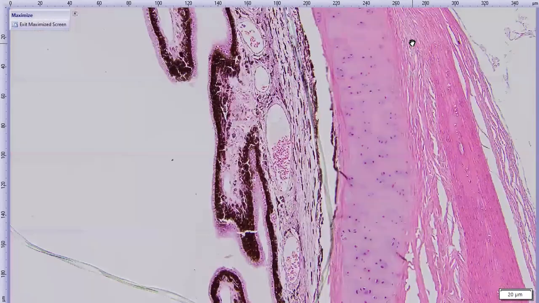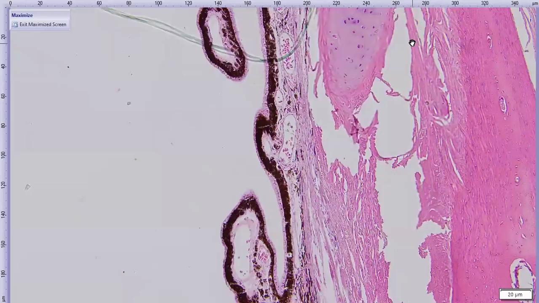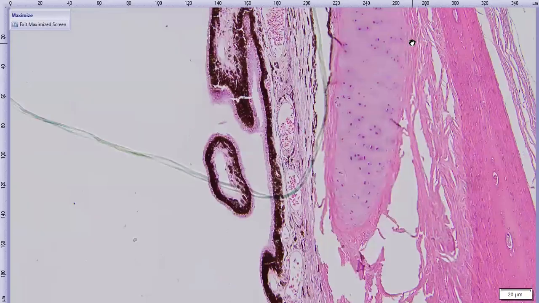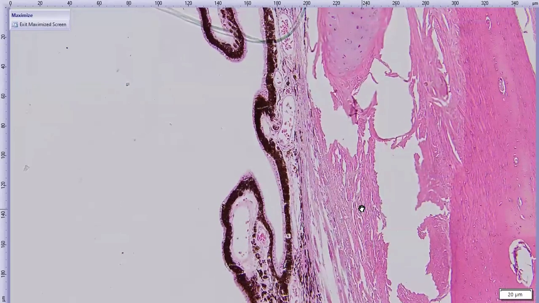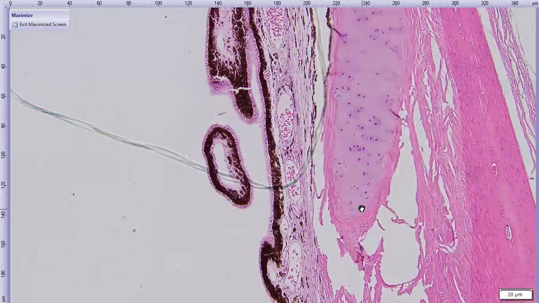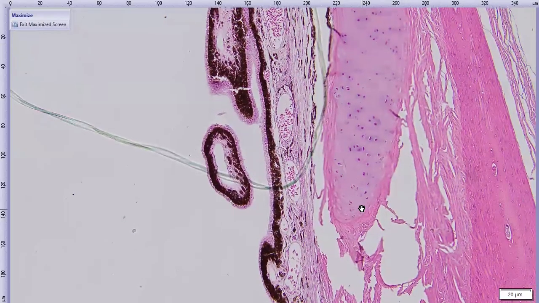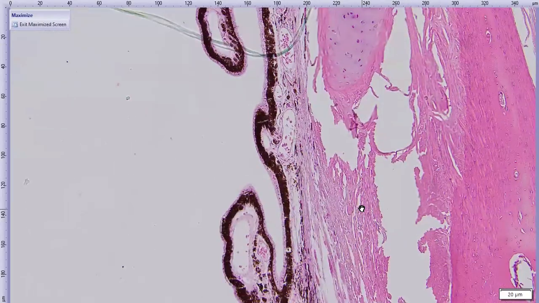Just make sure I understand what I'm looking at here. Oh yeah. Brücke's muscle is once again attached to the sclera, and now the sclera is attached to this bone. So this is even more rigid than the mammalian eye. So just like in the marmoset, when this muscle contracts, it grabs this soft tissue in the back of the ciliary body and the choroid, and it pulls it forward.